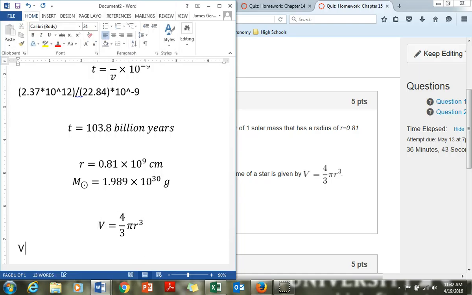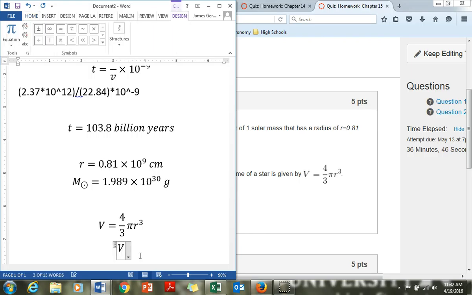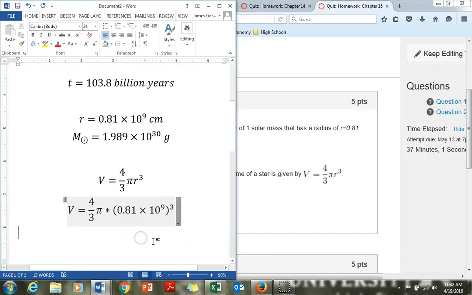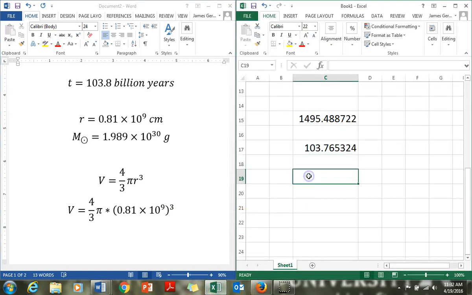So the volume we're after is 4/3 times pi times 0.81 times 10 to the 9th cubed. So that's 2.22 times 10 to the 27th, or 2.23 times 10 to the 27th cubic centimeters.